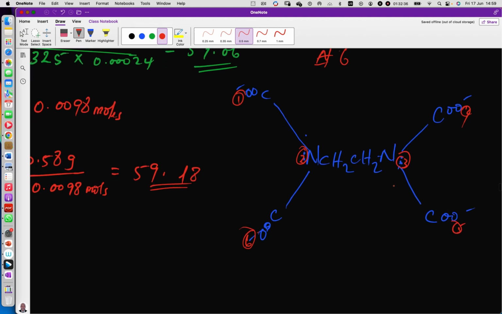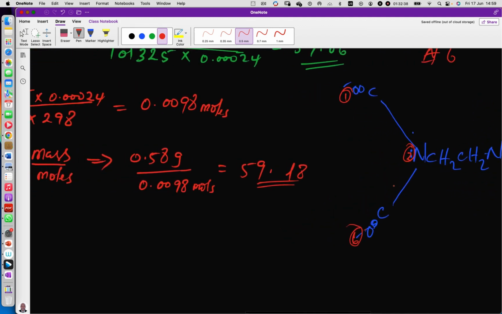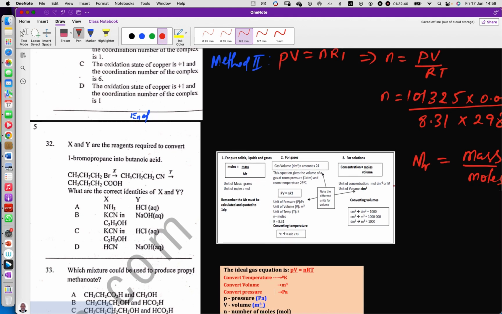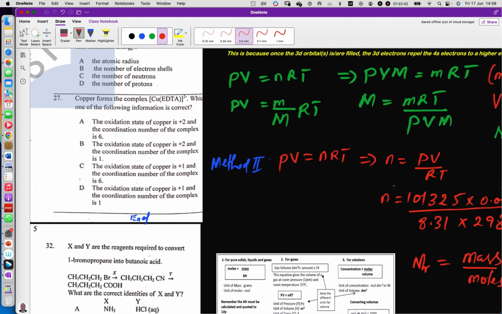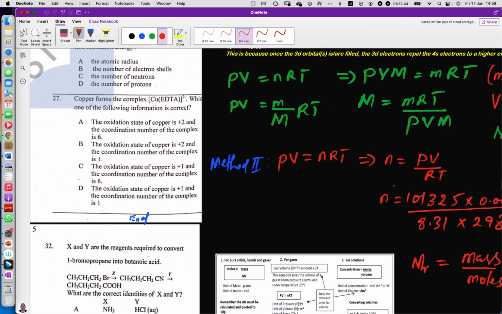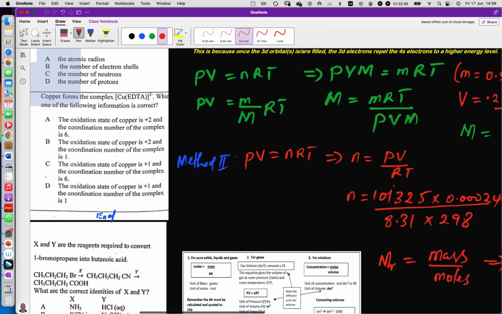Then, if we are to calculate the oxidation number, the complex CuEDTA has a charge of 2 minus.